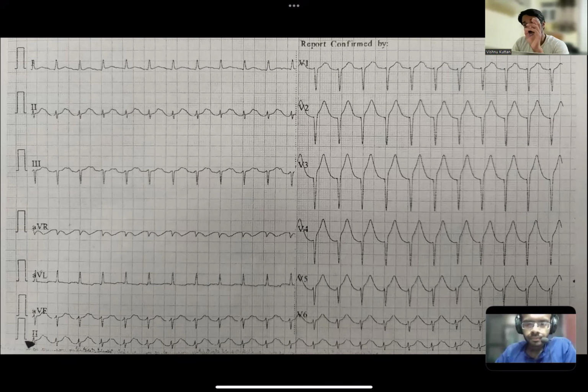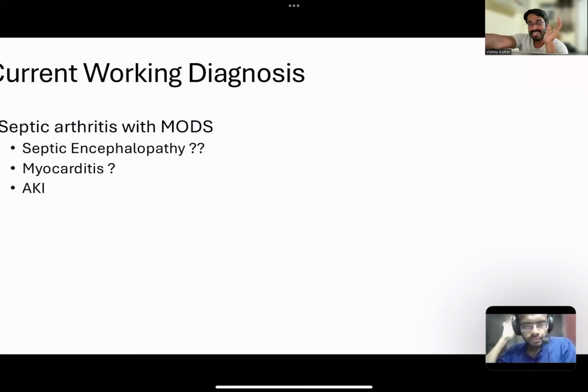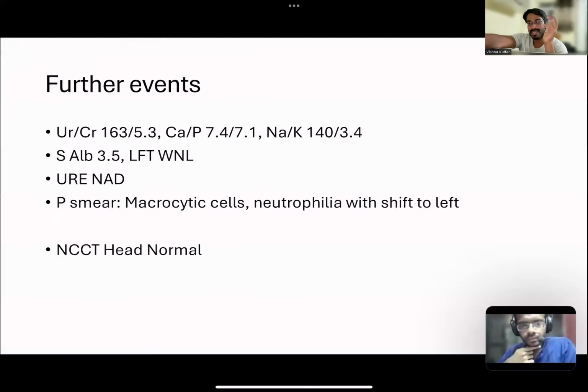I had done an ECG over 45 minutes apart, which showed the same changes, which I thought, if it was a hyperacute T wave, it might have evolved by now. I am not sure to this date whether this is the hyperacute T wave that you're talking about, and whether I missed it, and whether the patient went in for a frank STEMI. But a STEMI like this cannot be explained by any means, sir.